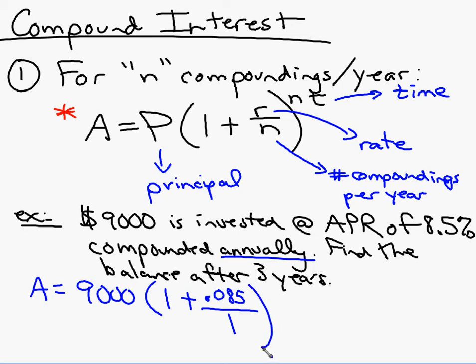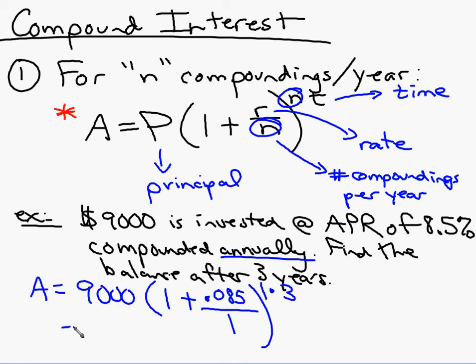All to the power that has the number of compoundings per year. This is the same n as this is. Okay? As 1 times how many years? 3. Okay? So from there on out, it's a calculator problem. All right?